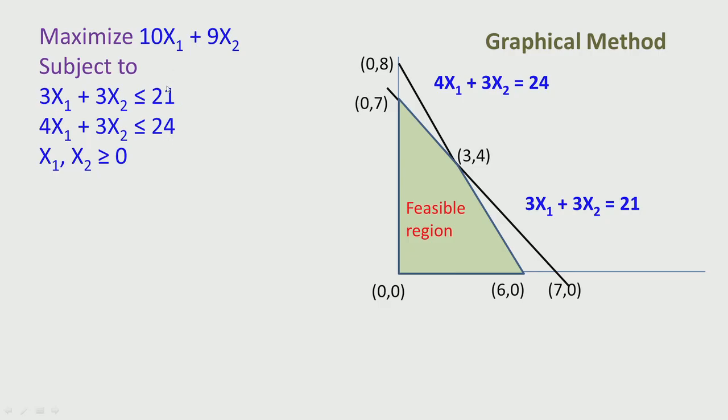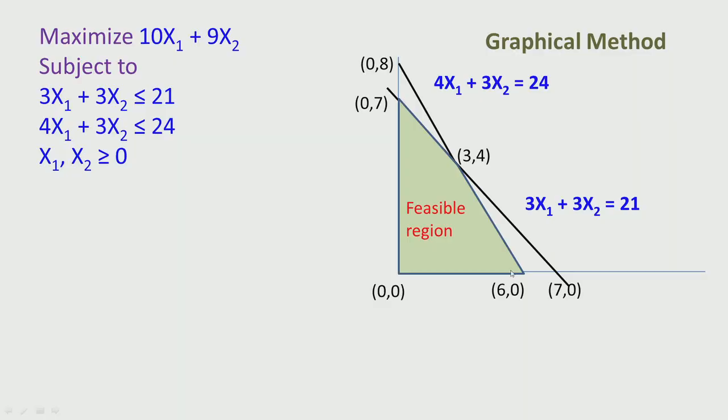And then we have added the two constraints into that first quadrant to get a feasible region where all the points in the feasible region satisfy the two given constraints as well as satisfy the non-negativity restriction. So any one or every one of the points in this feasible region is a solution that satisfies all the constraints, and we want to find out that solution or that value of x1 and x2 which lies inside the feasible region which maximizes 10x1 plus 9x2.